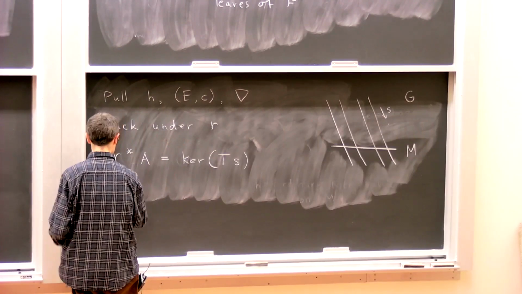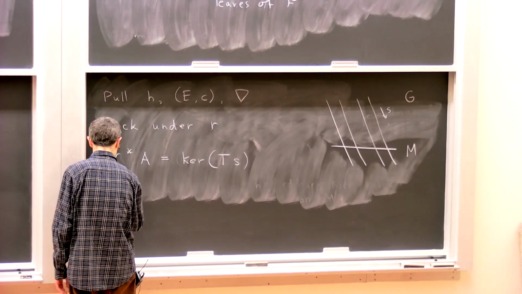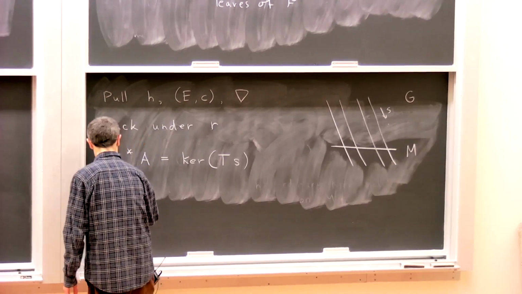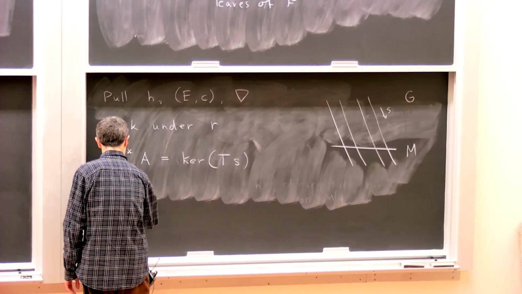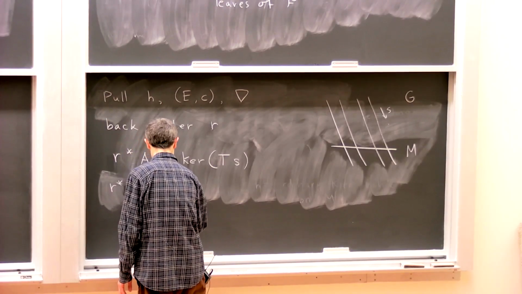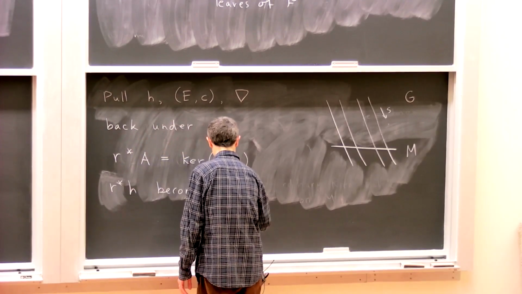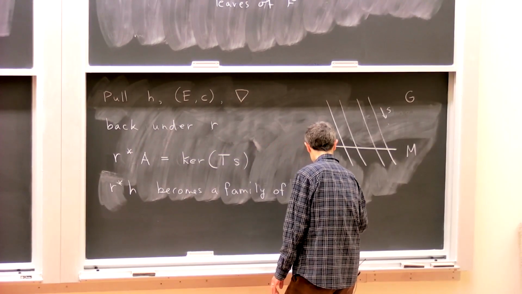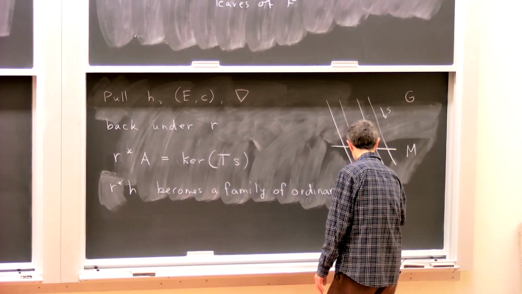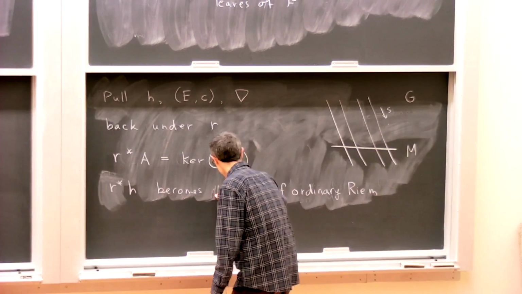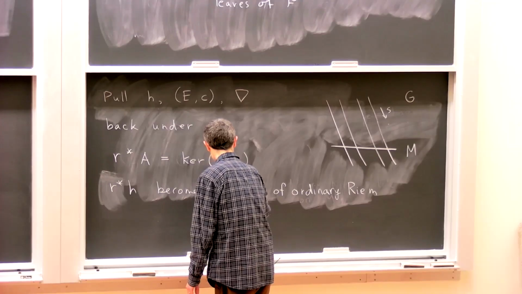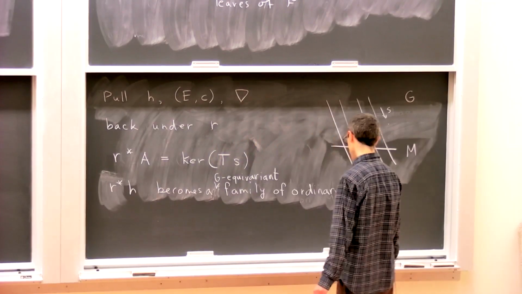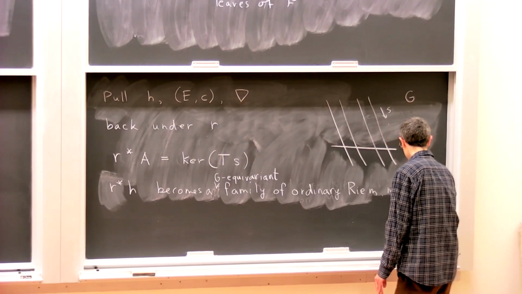So maybe I'll write down the metric. R star H becomes a family of ordinary Riemannian metrics on the source fibers. And it's not just any family, it's a G equivariant family.